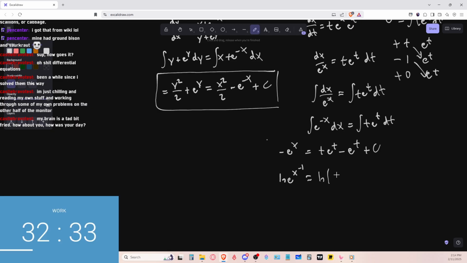But that means we have to take the natural log of all this mess here, and I don't like the way it looks. So then we're left with x, and we'll just leave it the way it is. I'm not going to bother doing the details here.